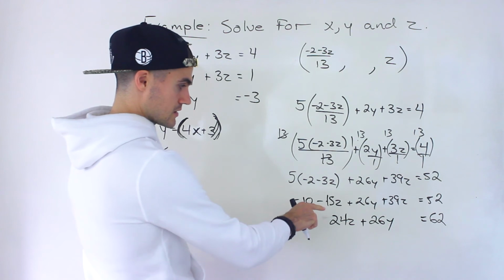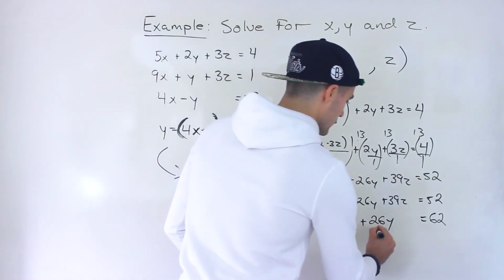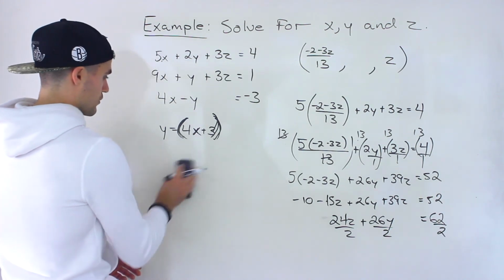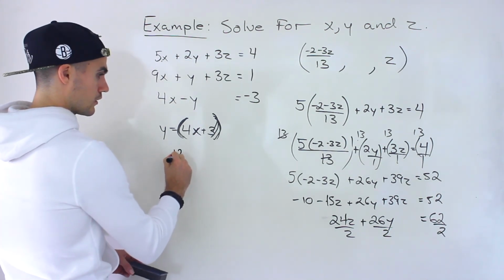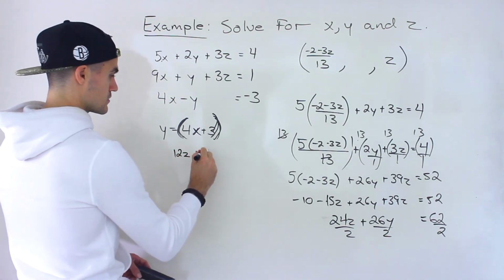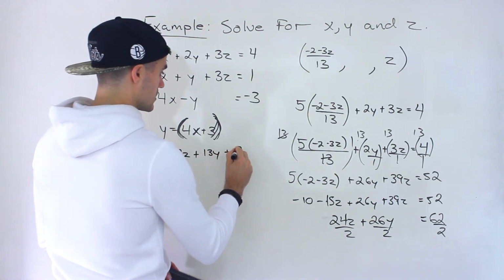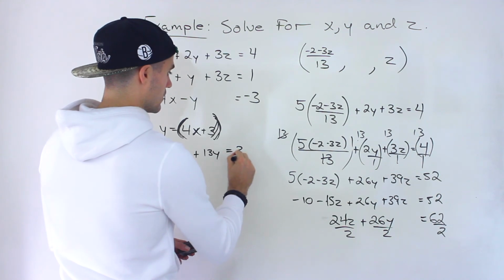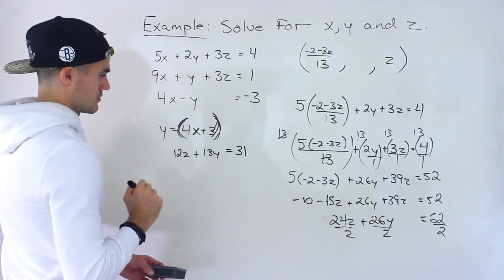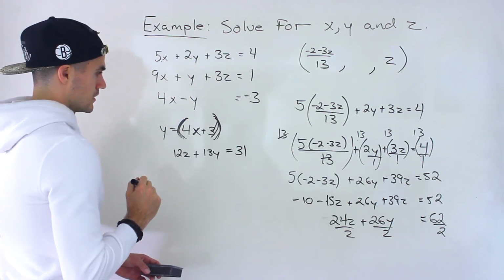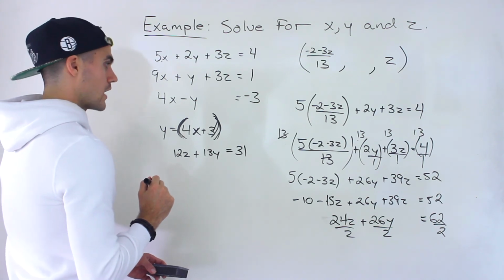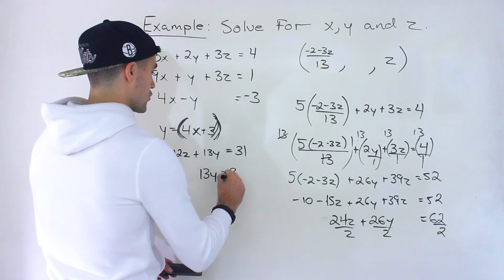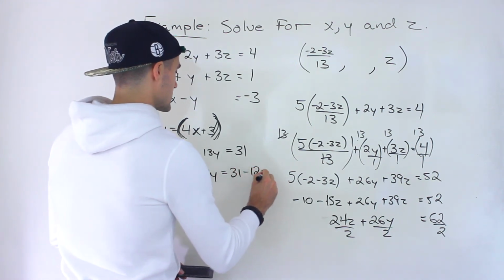And actually, we can simplify this. We could divide everything by 2. And so we'd end up with 12z plus 13y equals 31. Right, like that. And we're isolating for the y, bring the 12z over, so we'd have 13y equals 31 minus 12z.